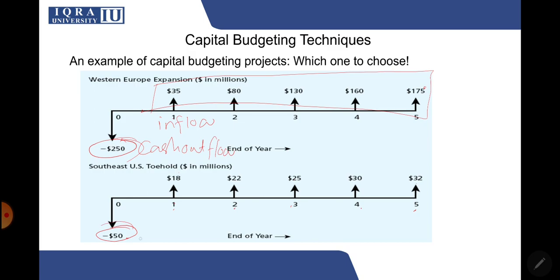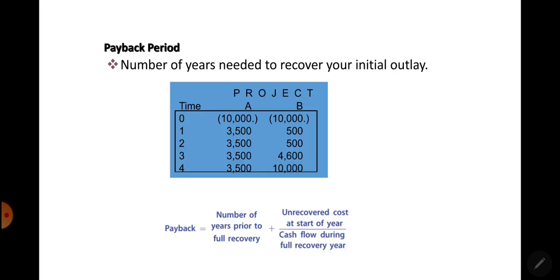Whereas over here your investment is less and therefore your cash inflows are even less. But which one amongst these is better? You cannot just say that. You have some criteria, some techniques that help you in this regard. So the first technique that we're going to study is the payback period, which is the number of years needed to recover your initial outlay.